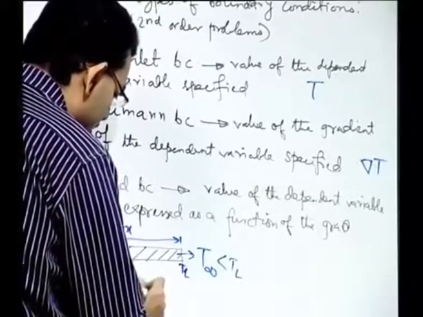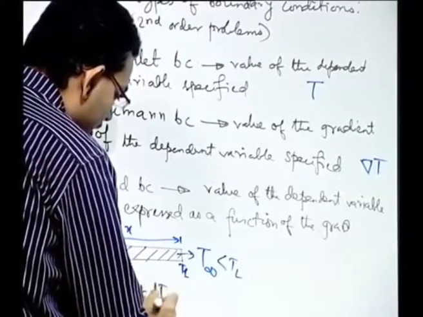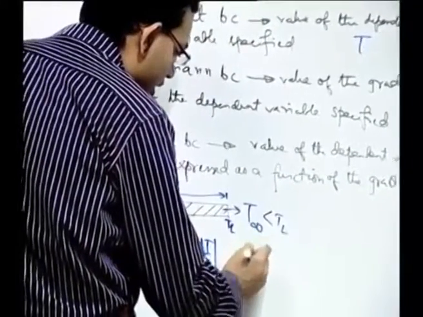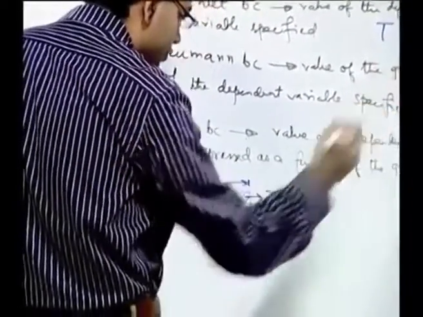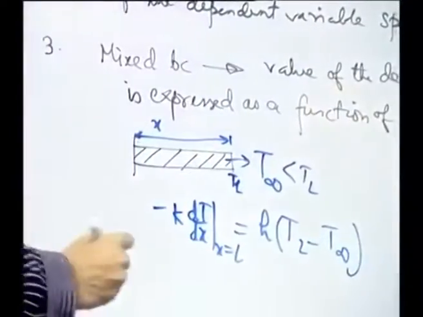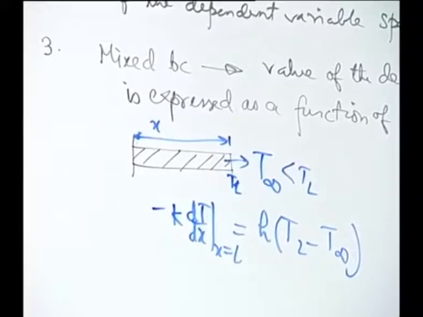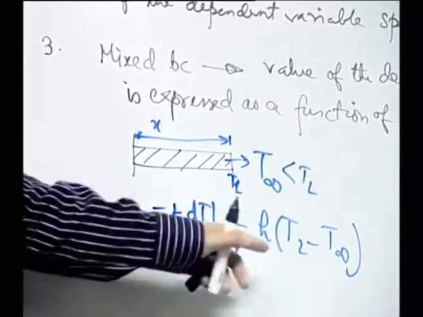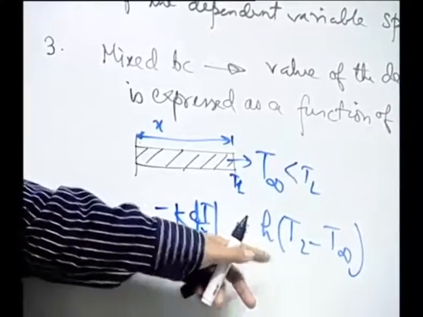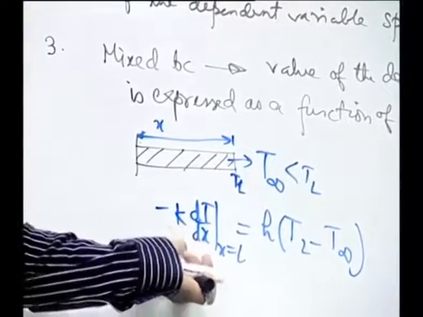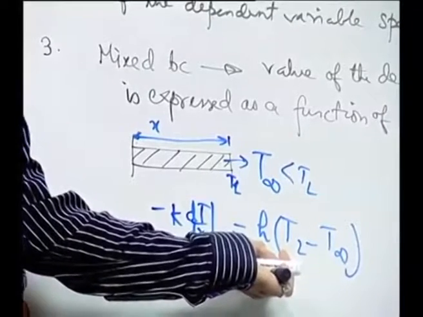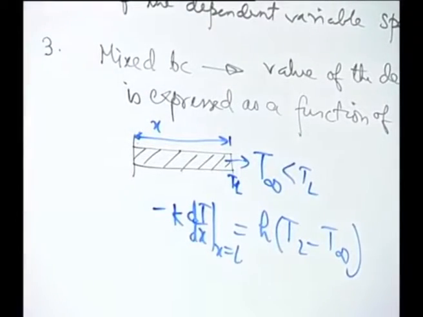So minus K dT/dx at x equal to L is equal to h into (T_L minus T infinity), where h is called the convective heat transfer coefficient. So it is basically the conduction flux equal to convection flux at the interface.